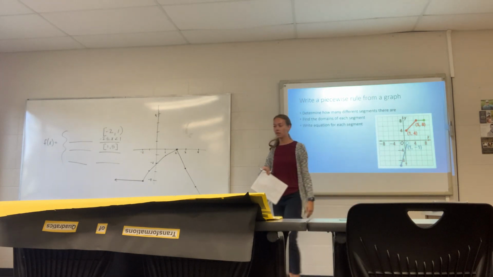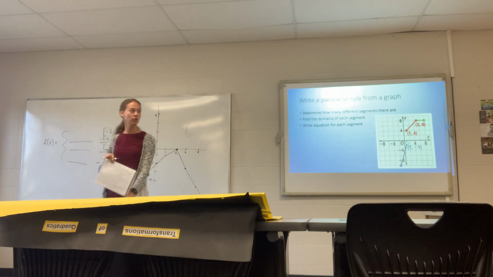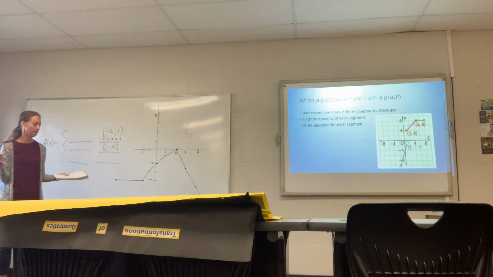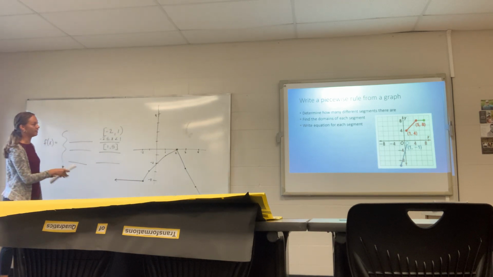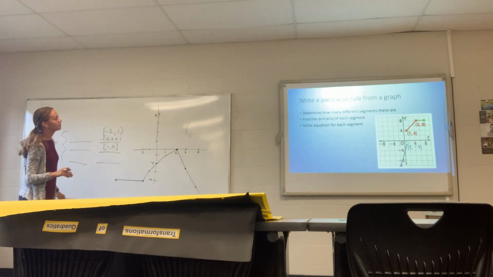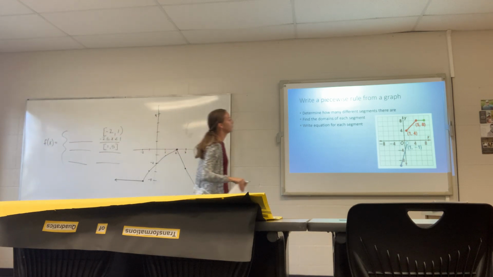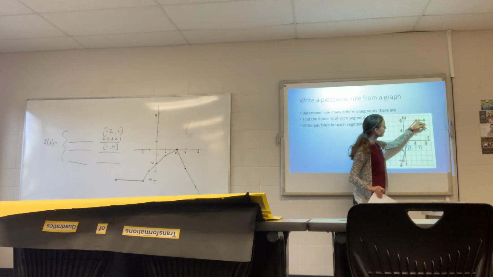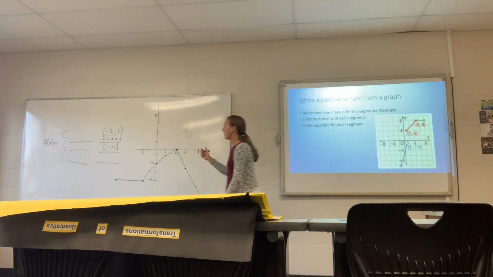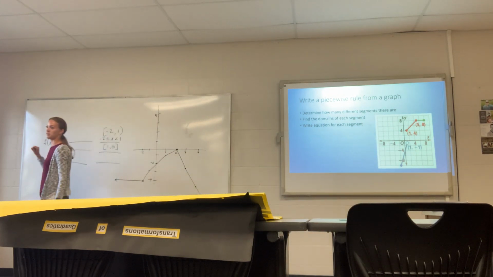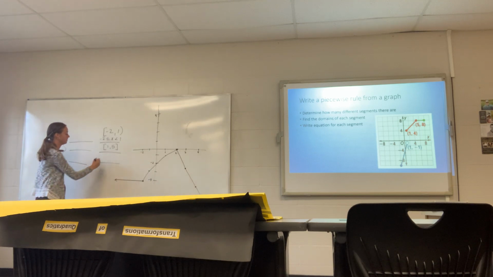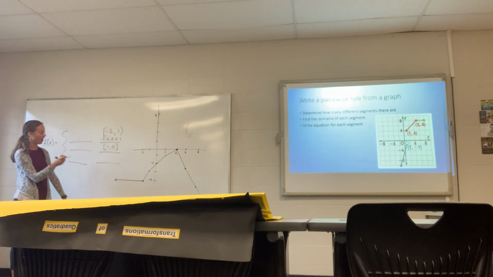And then Kaden, what about my last one? Where do you think my domain for the green is going to be? 4 to 8. I think it's going to be 5; I think it starts right underneath this orange point. So from 5 to 8. Do I want brackets or parentheses?